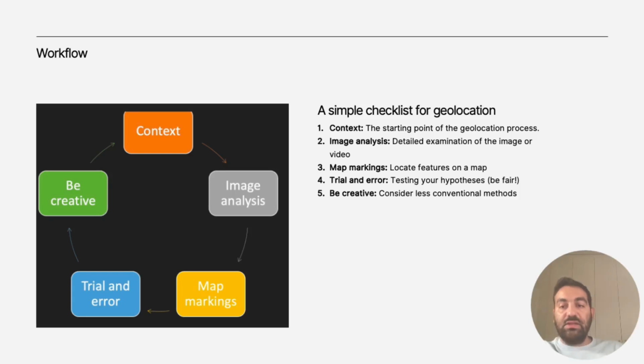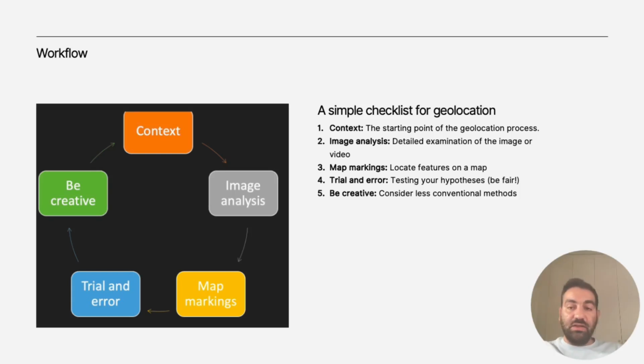Understanding the context involves identifying the background information related to the content, such as the cultural, geographical, and temporal elements that can inform subsequent steps. Knowing this context helps set the scene and provides clues for deeper analysis.